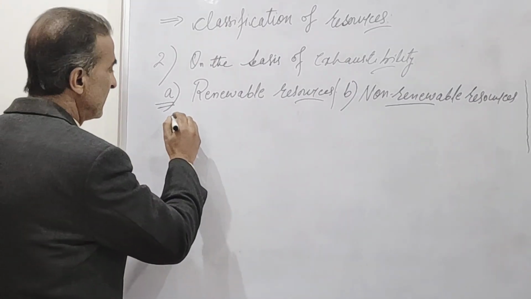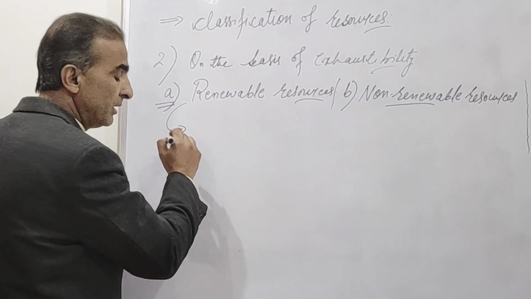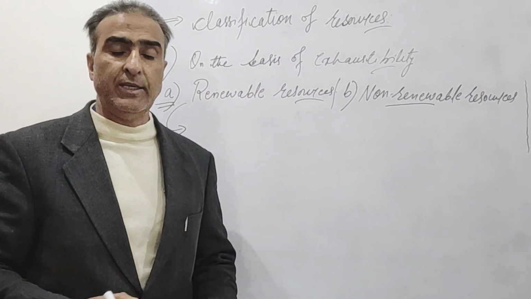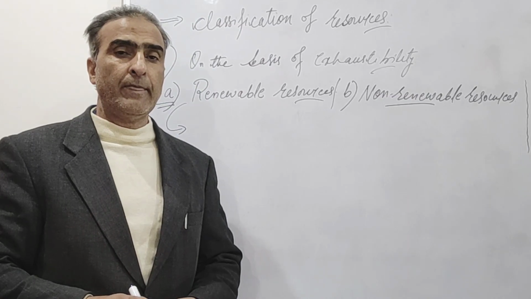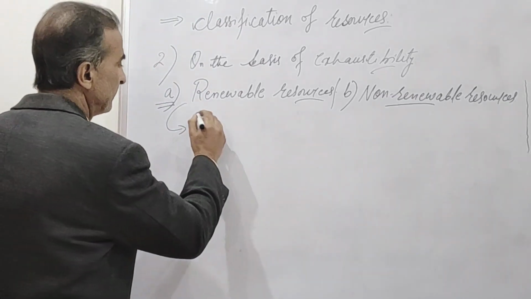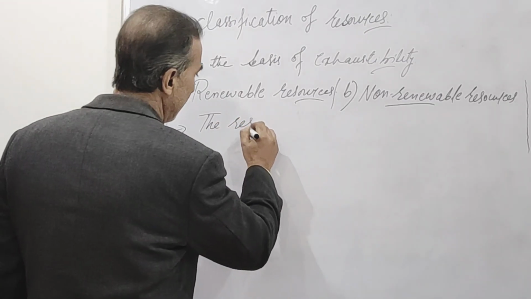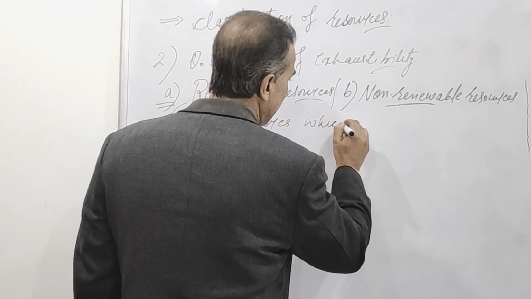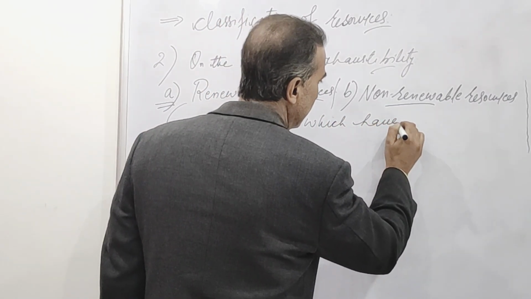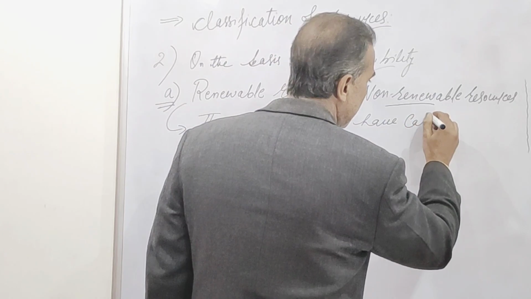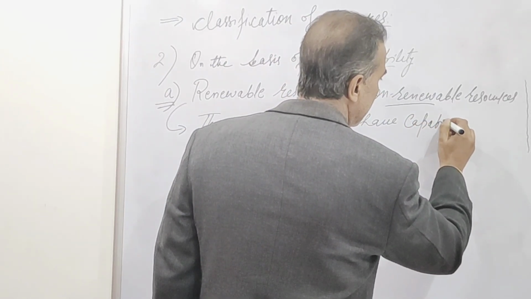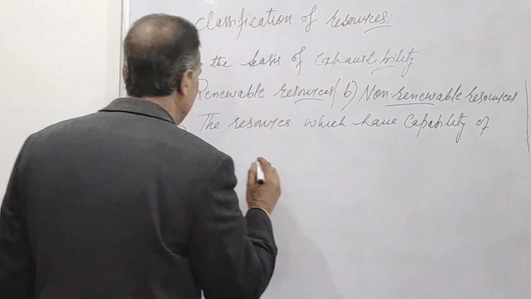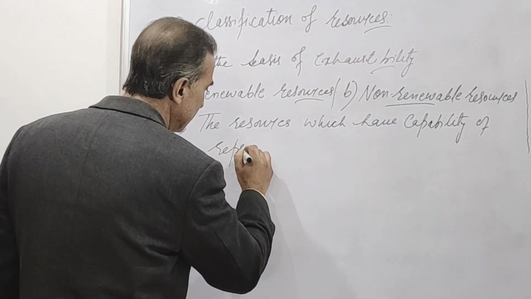So renewable resources हम उनको बोलते हैं जिनमें कैपेबिलिटी होगी दोबारा बनने की. The resources which have capability of reproducing themselves.